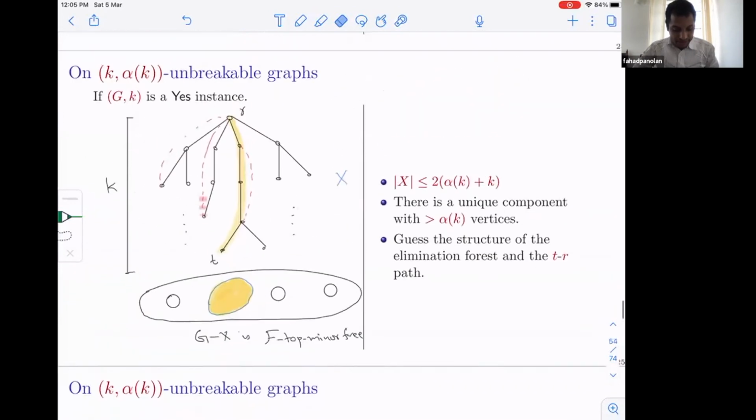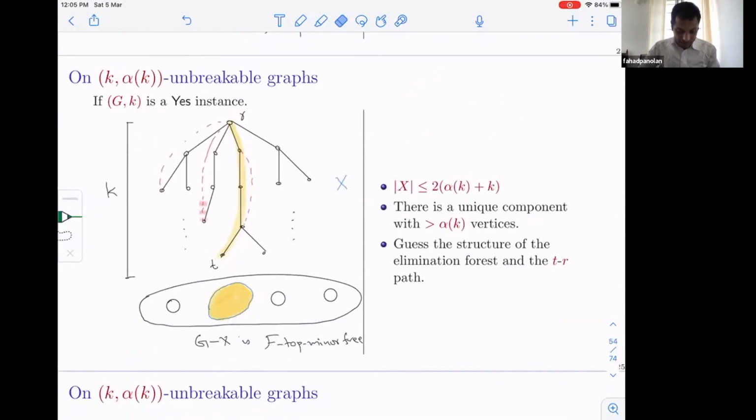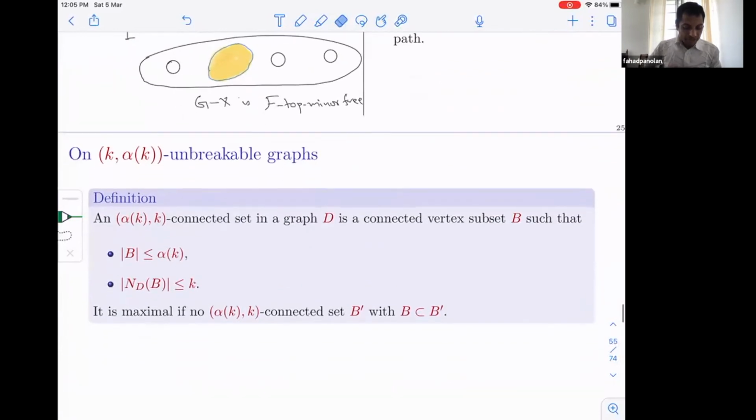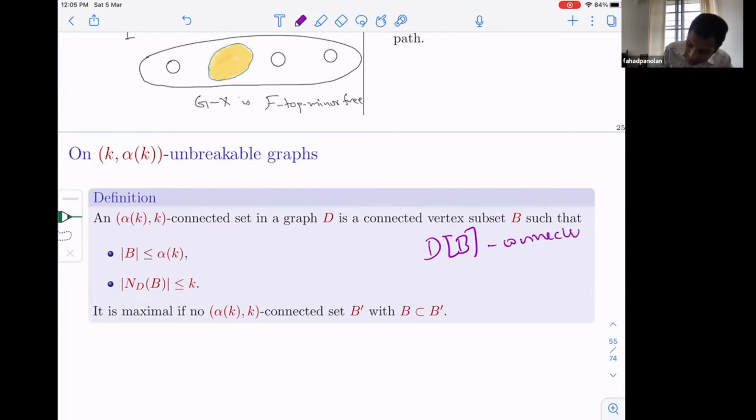Now, to design a branching rule, I want to talk about something called an alpha k connected set. An alpha k connected set in a graph D is a connected vertex subset B. What do I mean by connected vertex subset? The graph induced on B, D of B, is connected.